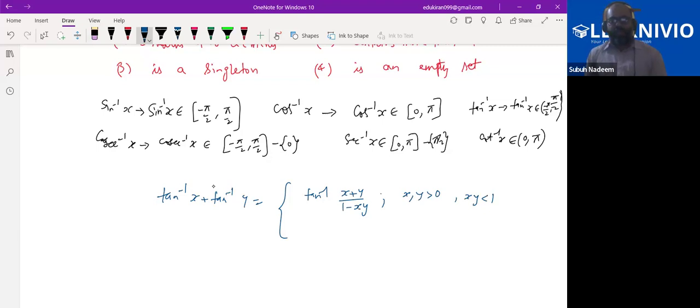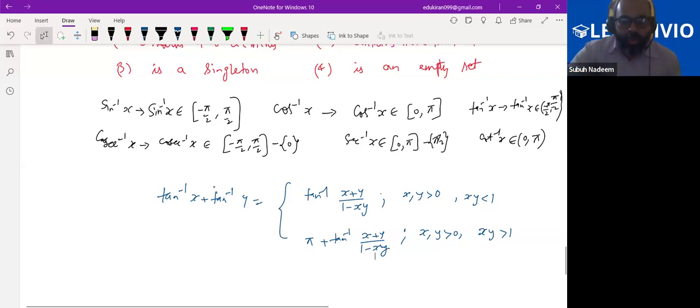There is one more formula which says that if x and y are positive and xy is greater than 1, then it will be pi plus tan inverse of x plus y by 1 minus xy. So now you can write the question.